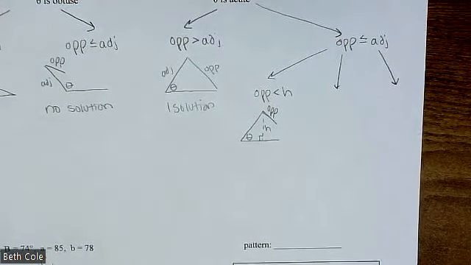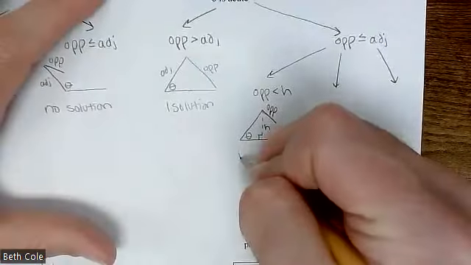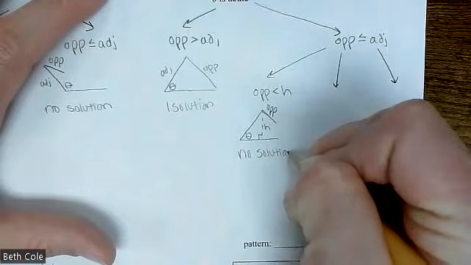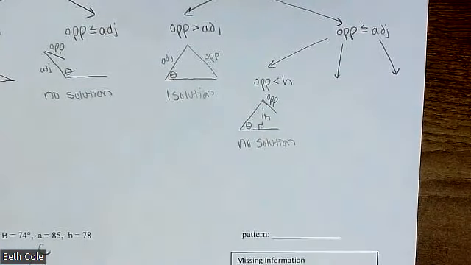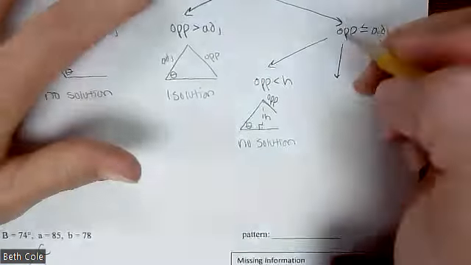Like, what is going on there? Not long enough to make a triangle, so you end up with no solution. So basically, if the opposite side is not big enough, it won't reach. And so you don't get a triangle. Like if your opposite side is less than whatever, it's not going to work out.